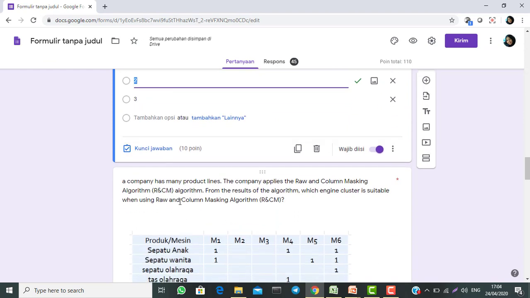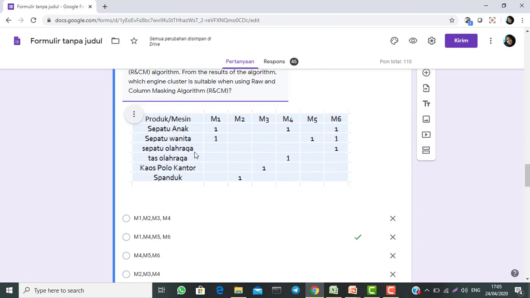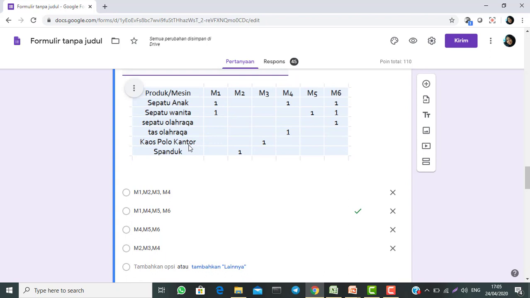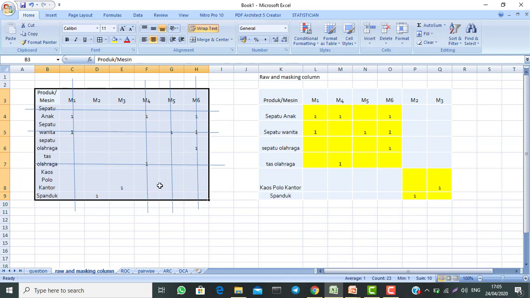Next questions. A company has many product lines, and yes, we still have the same questions but different algorithm. No, still the same algorithm, but the purpose of the question is different. From the result of the algorithm, which cluster is suitable when using the row column masking algorithm? Before we answer this question, we have already created the matrix using this algorithm, right?